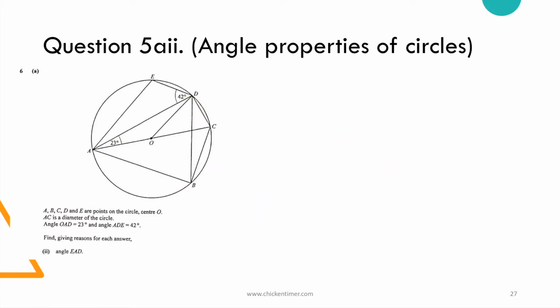The next part, we want to find EAD, this angle. Then previously we also know that ABC is 90. Then we know this is 23. So I can single out this particular quadrilateral.